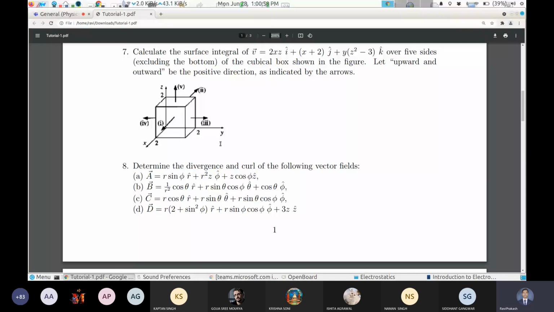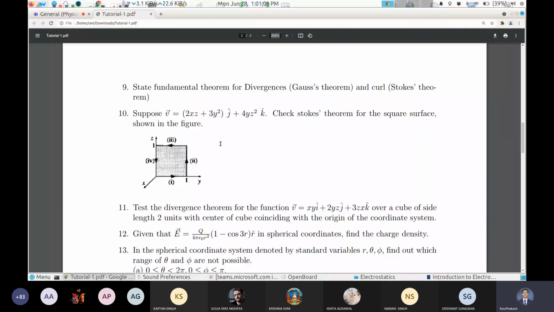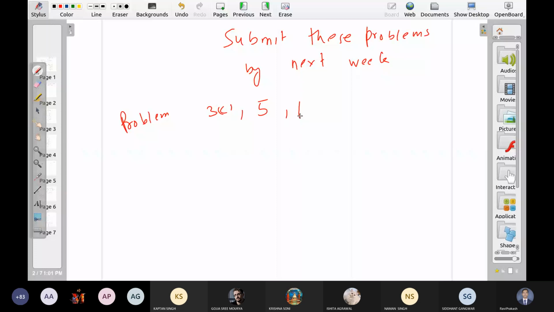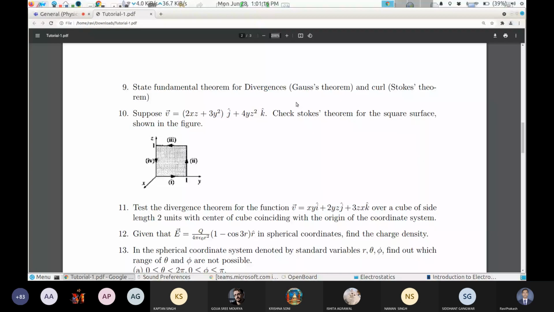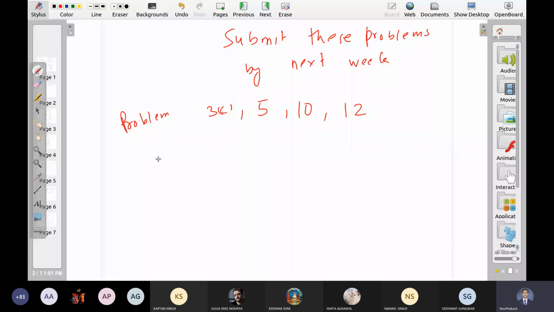Problem number 10. And problem number 12. So please make a notebook, solve these problems on your own. That will help you in your exam.